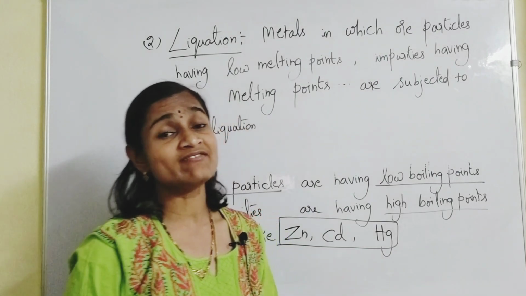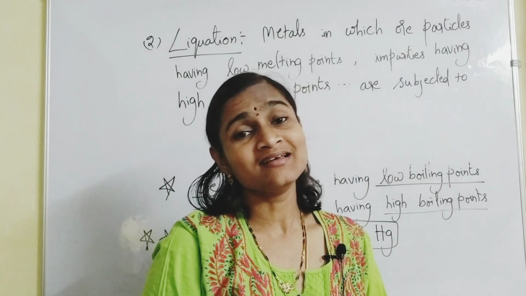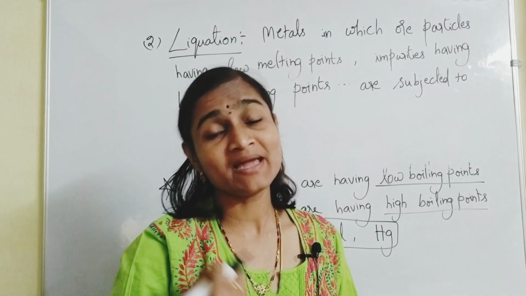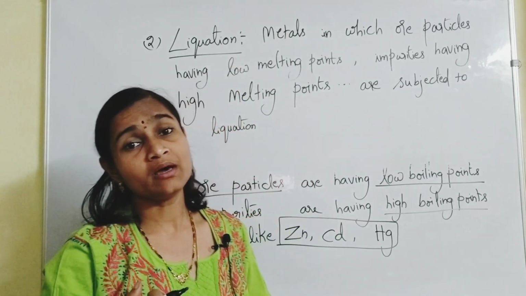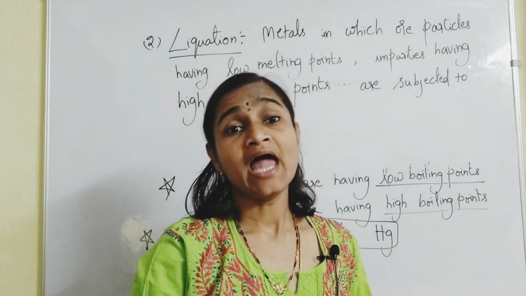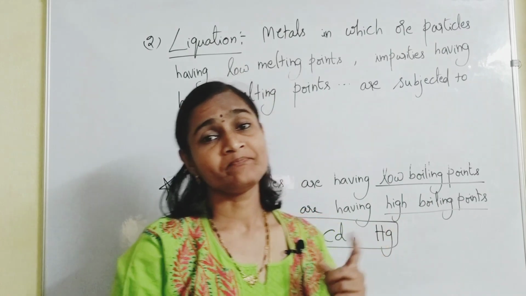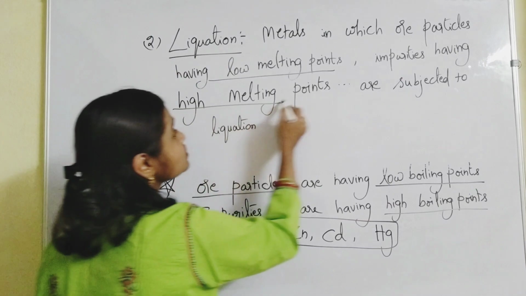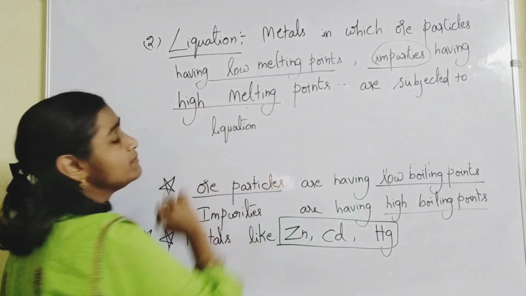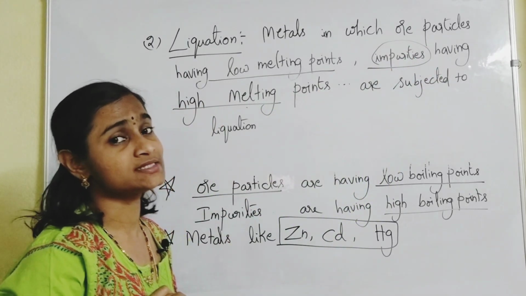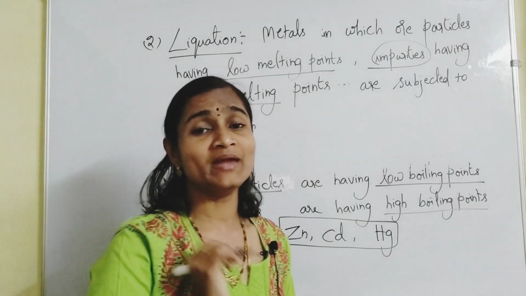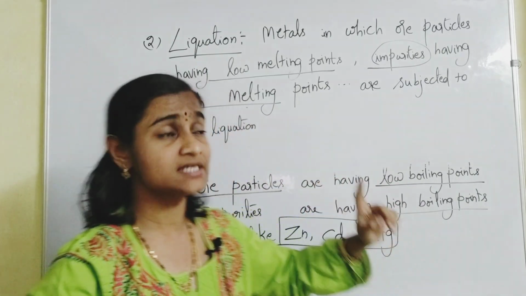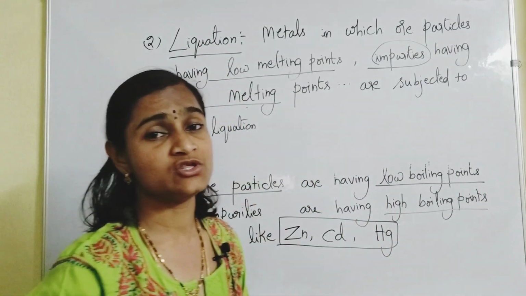It depends on the melting points of metals. Metals should have low melting points and impurities should have high melting points. Please remember, impurities should have high melting points and the actual metal should have a low melting point. Then that process of separation you call liquation.